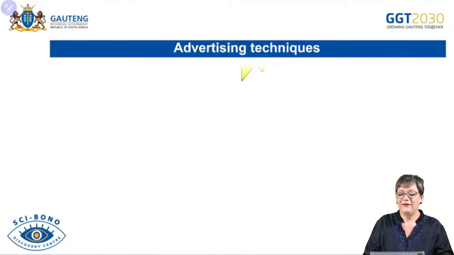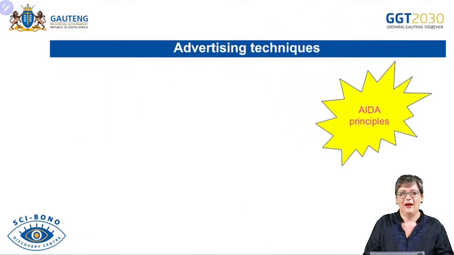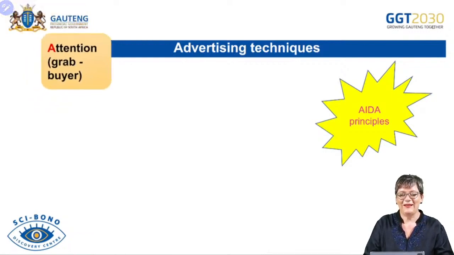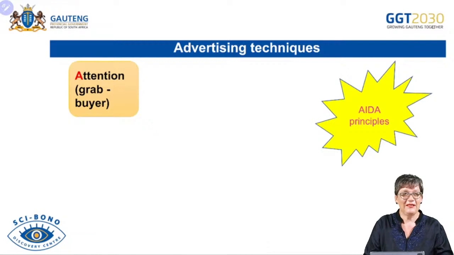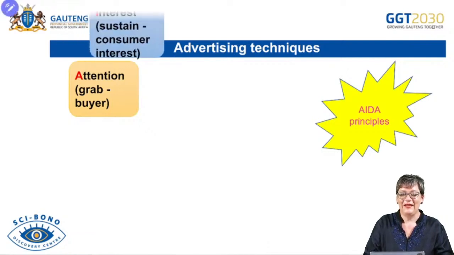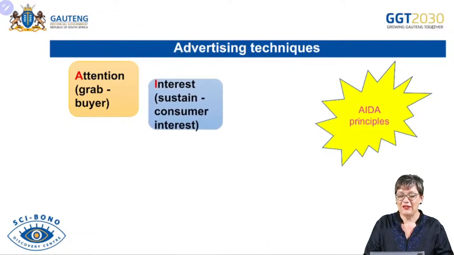Now let's look at advertising techniques. I'm sure you know this principle, the AIDA principle. You've heard it so many times, but let's see how it works in real life. The first one is A, attention. Everybody wants to grab your attention. The next one is obviously interest. They want you to read.